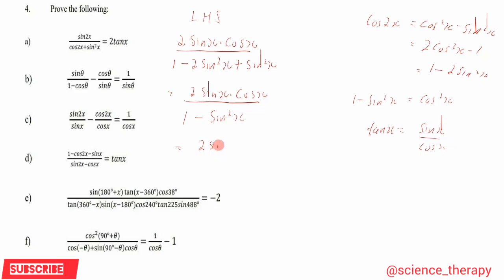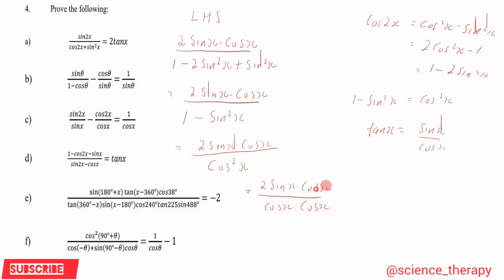So we have 2 sine x and then cos x over, if we change this one, it's cos squared x, which we know can also be written as 2 sine x, and then cos x, then cos squared x, that is the same as me having cos x.